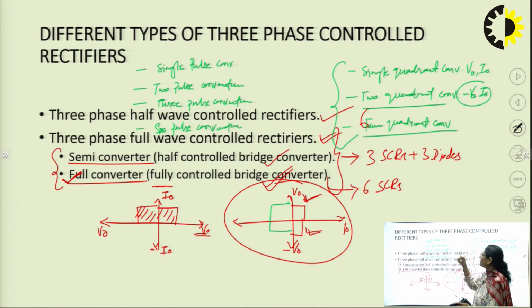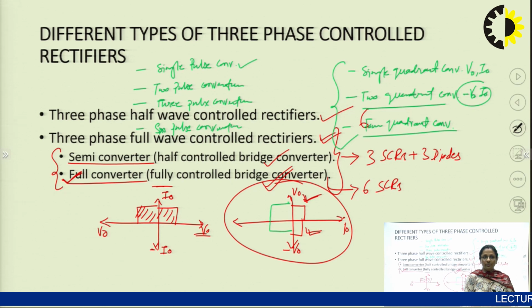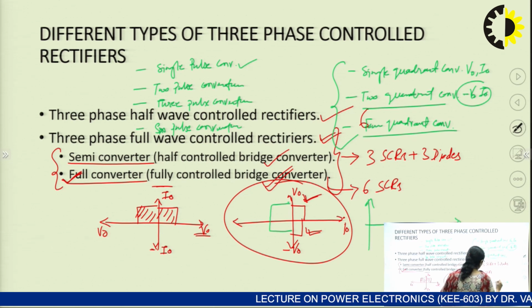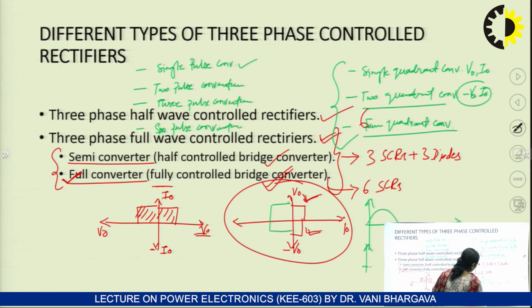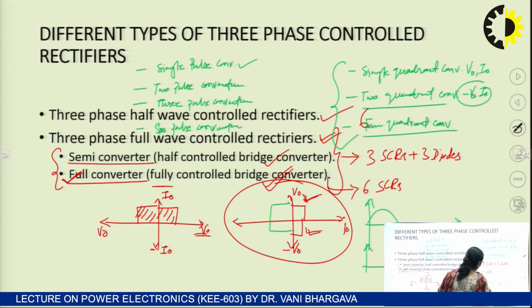So, let us try to understand what is the meaning of single pulse converter. Single pulse converter means in one complete cycle of the input voltage, the total number of pulses obtained in the output would be equal to 1. What does it mean? If suppose this is the input supply, this is the entire duration of this input supply.